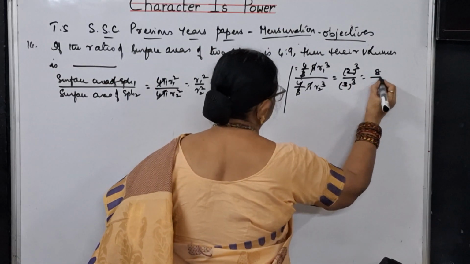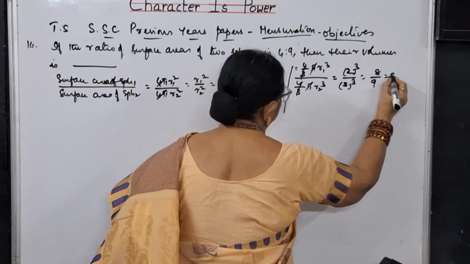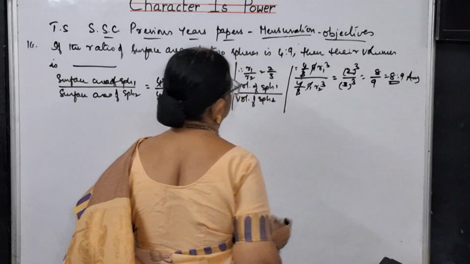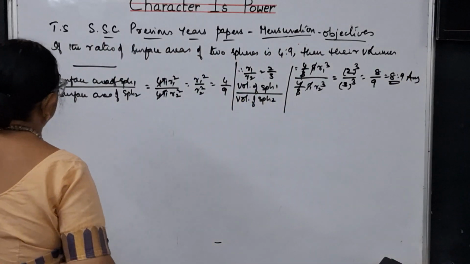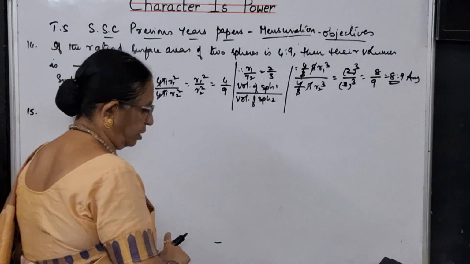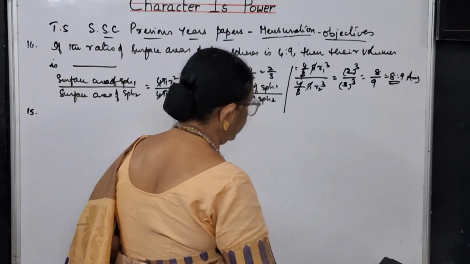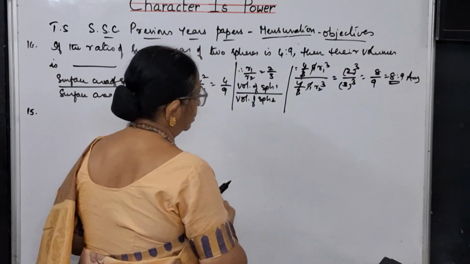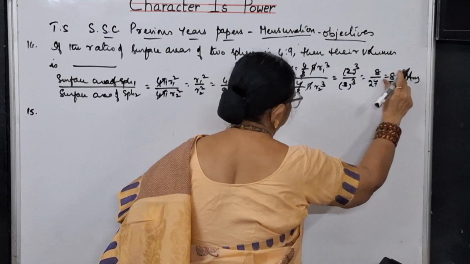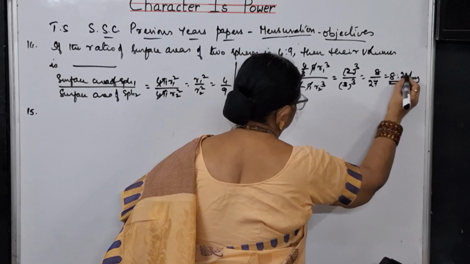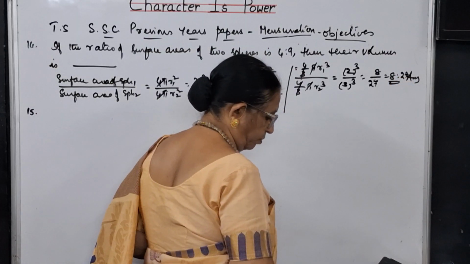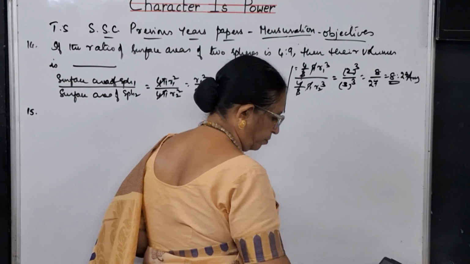How much? 8 by 9. Means 8:9 is the answer. Okay, this is 14th one. Now let us see 15th one. Oh, 3 cube now. So children, 3 cube means it is 27. 8:27.